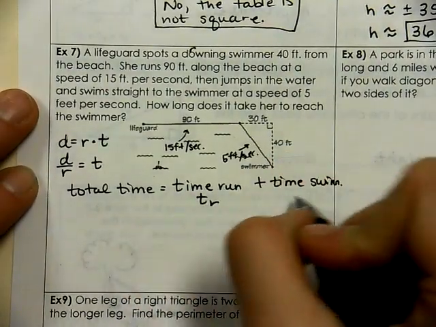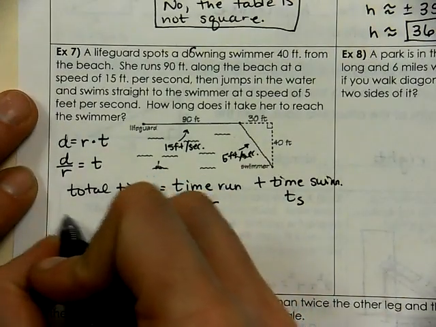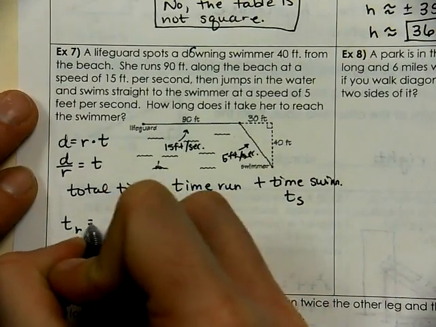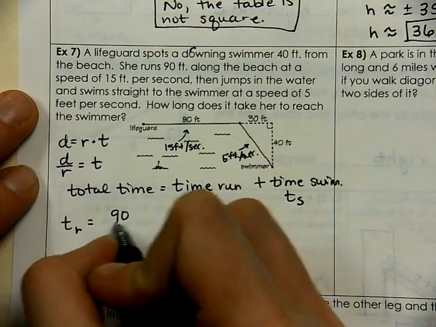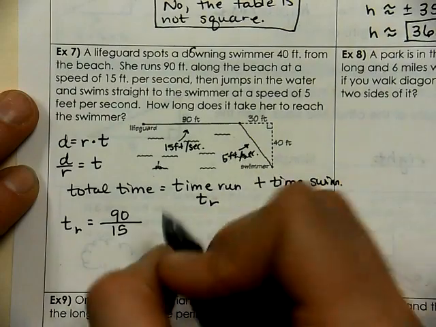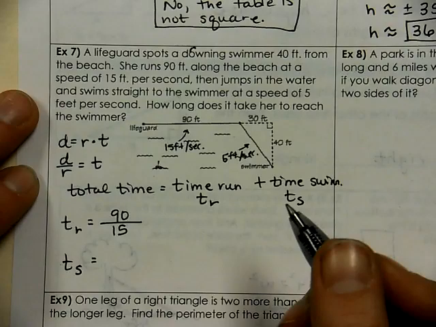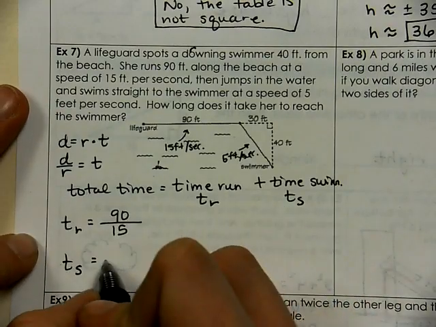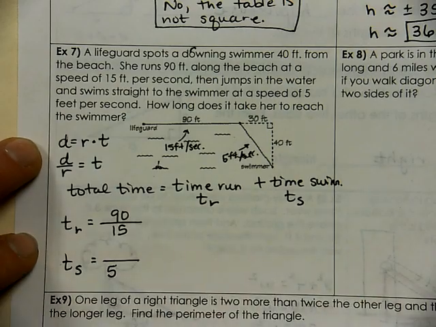Let's use T sub R and T sub S for this. The time spent running will be equal to the distance divided by 15 feet per second. And the time spent swimming will be equal to the distance that I spend swimming divided by the rate that I swim, 5 feet per second.